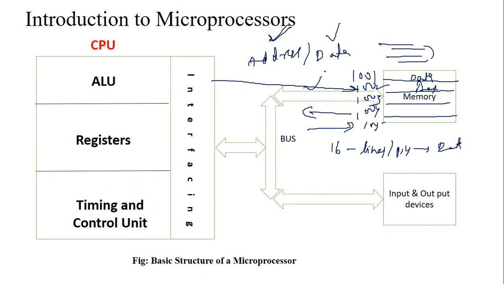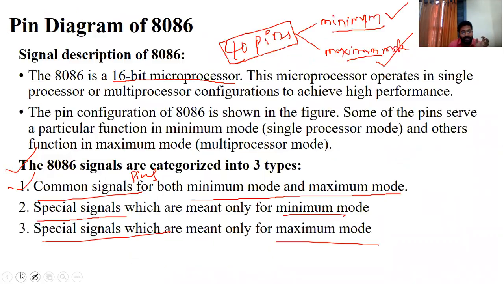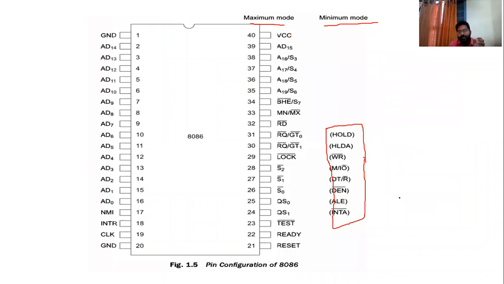Remember one thing carefully: these 20 lines are always in address mode. Whenever the microprocessor wants to get information from the memory to the CPU, or send information from the CPU to the memory, at that time the microprocessor enables this pin ALE, address latch enable.